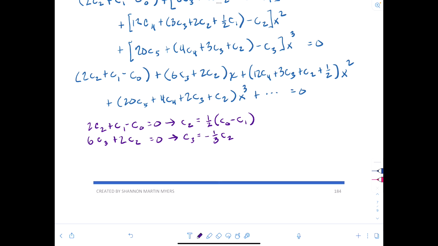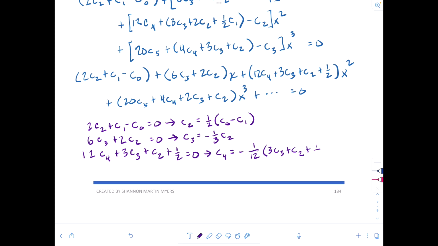Good so far? And then we've got our coefficient to the squared term, so we're going to have 12C4 plus 3C3 plus C2 plus 1/2 is 0. Isolating C4, we would have negative 1/12 times 3C3 plus C2 plus 1/2.